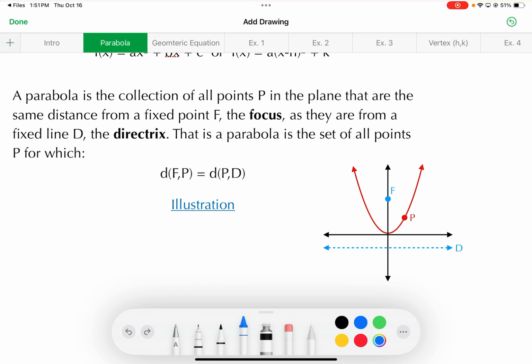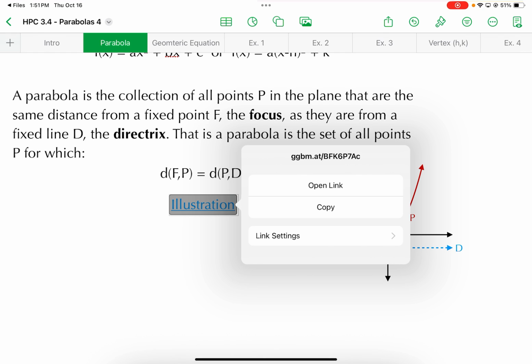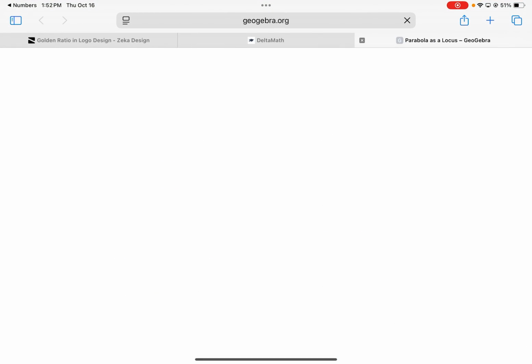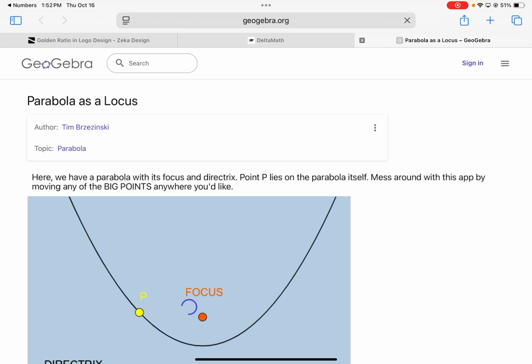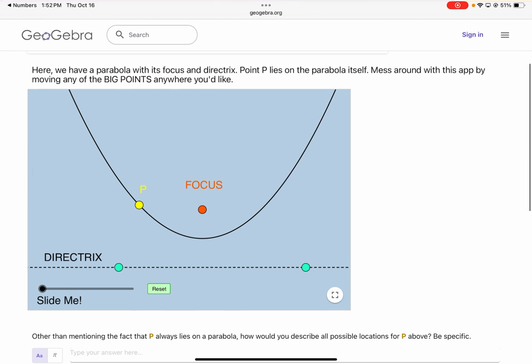And then you also have this horizontal line for the directrix. Okay? All right, so let's look at this illustration here that's showing us this definition. Okay, so notice if I measure the distance from the focus to that point P on the parabola, and then I measure the distance from that point P to the directrix.